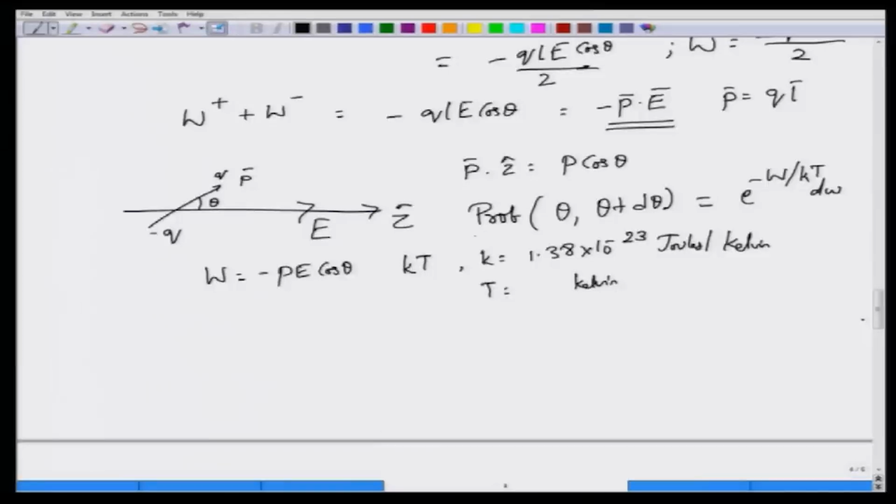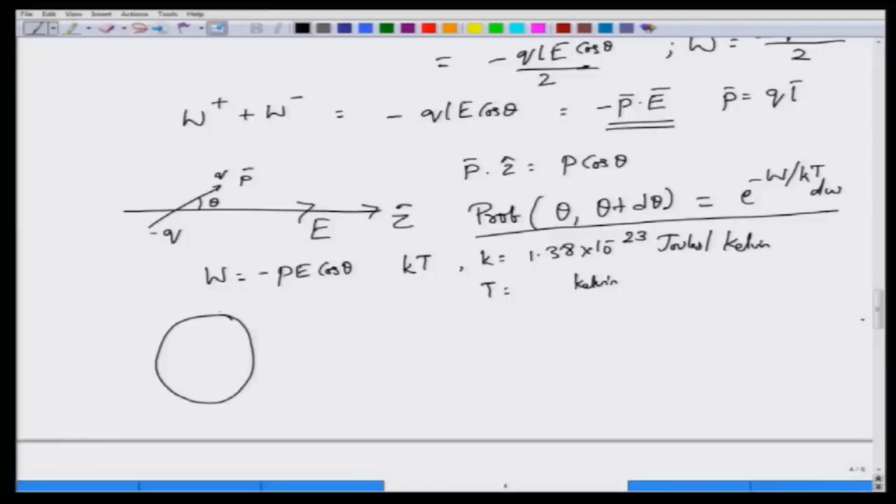So, this is the probability that you can find a dipole in the matter with an angle of rotation from theta to theta plus d theta, okay. The probability of finding dipoles would be equal to e power minus W by kT into d omega, where d omega is the solid angle, okay.